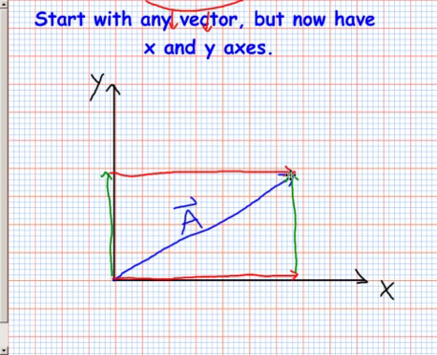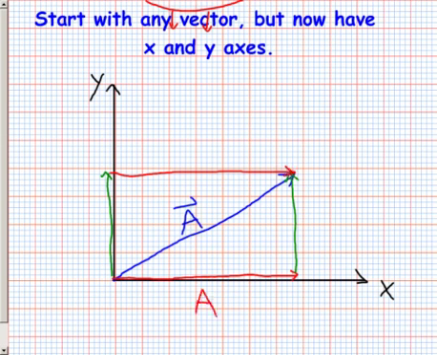So one way of looking at this is that that red vector is the part of my vector A that's in the same direction as the x-axis. It's how much of A points along the x-axis. Does that make a little bit of sense?